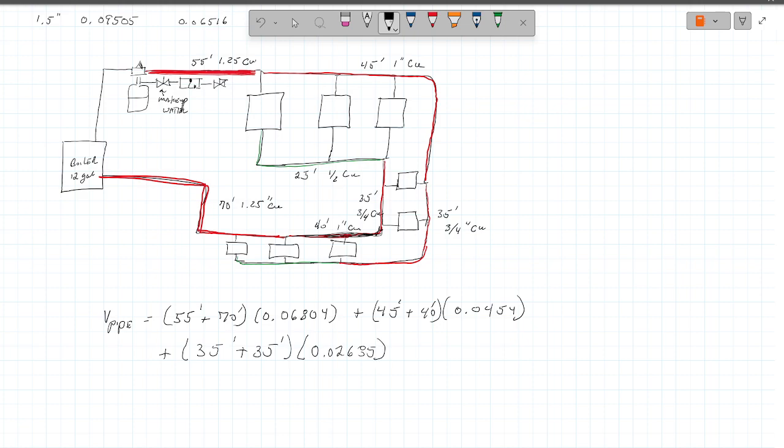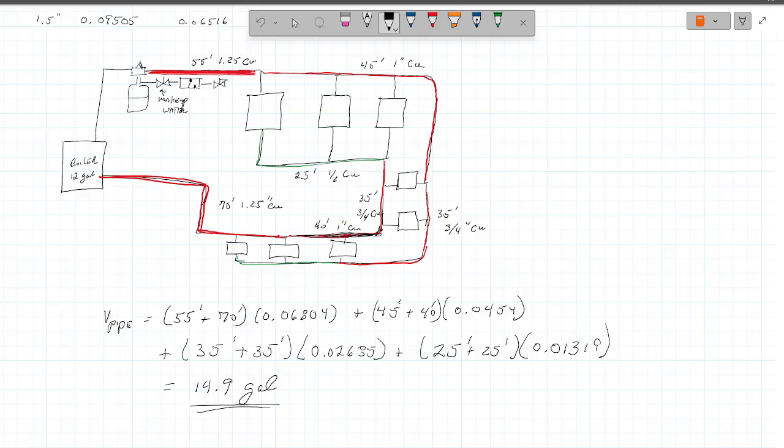Okay. Plus 25 feet times 0.01319, and when you get all done, you wind up with 14.9 gallons in here. Okay, so that's the answer.